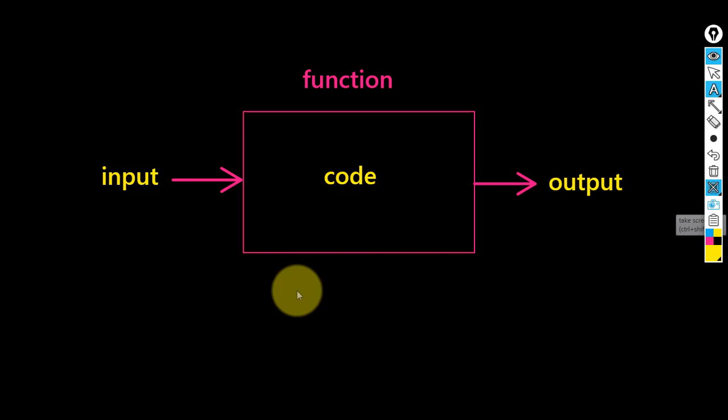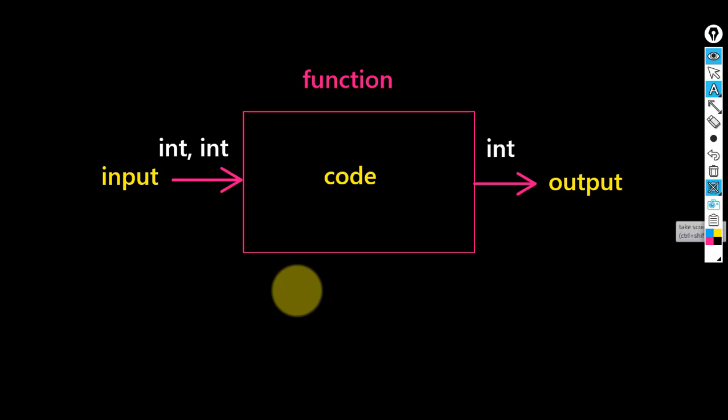Now let's ask the question: what type of input does it take, and what type of output does it produce? Let's say that the function takes two integers and produces a single integer value.